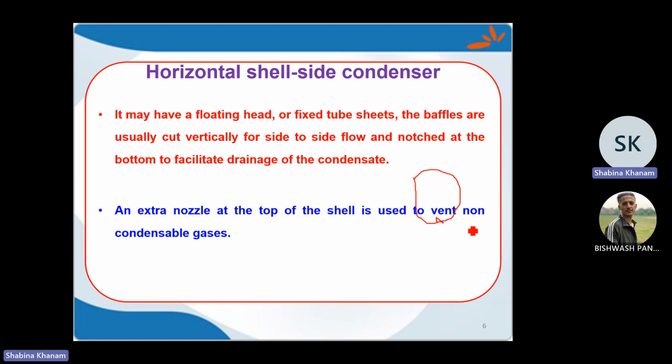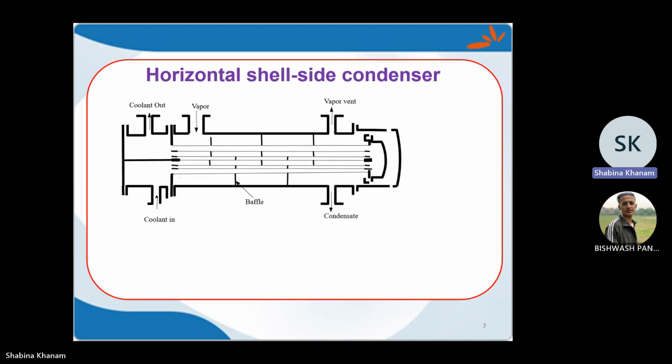One extra nozzle at the top of the shell is used to vent non-condensable gases. I will show that in this schematic. If you see here, the vapor is in the shell side, horizontally placed.